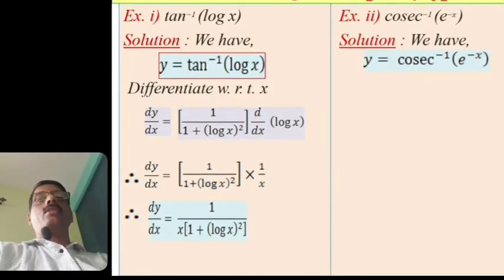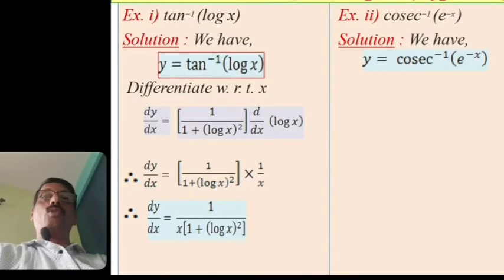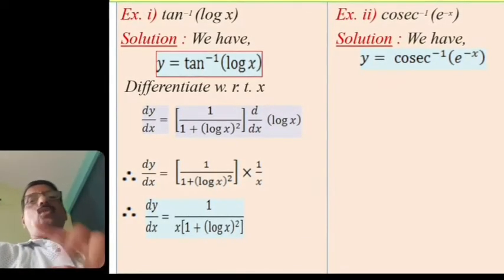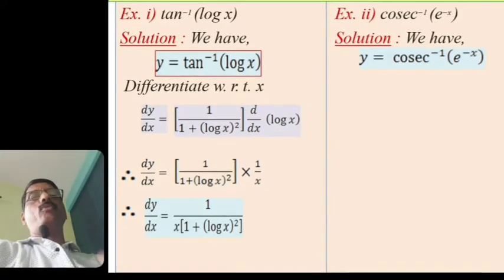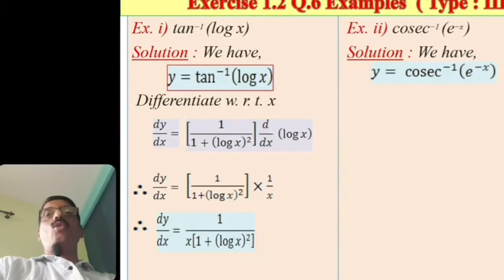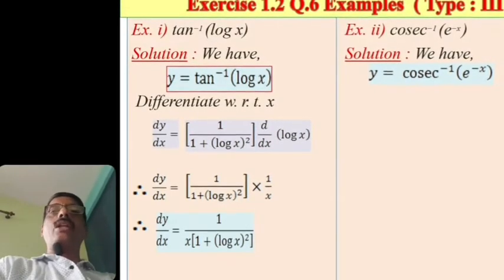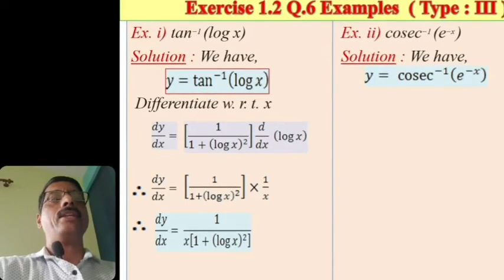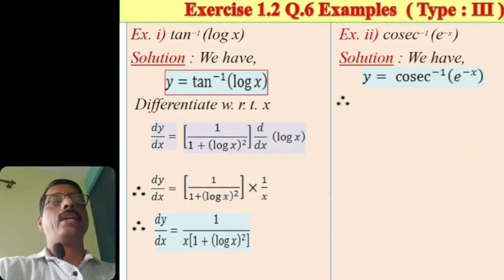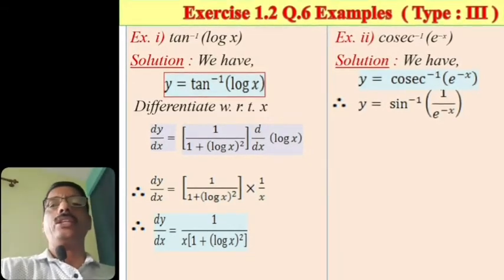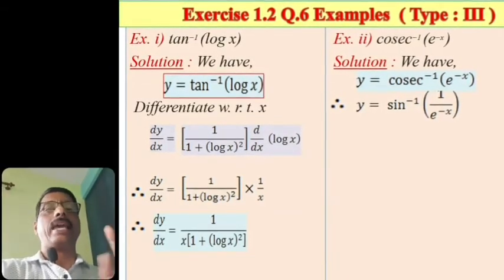Now here we have to firstly convert cosec inverse of x into sin inverse of x. We know the formula cosec inverse of x equal to sin inverse of 1 upon x. By this formula we can get y equal to sin inverse of 1 upon e raised to minus x.